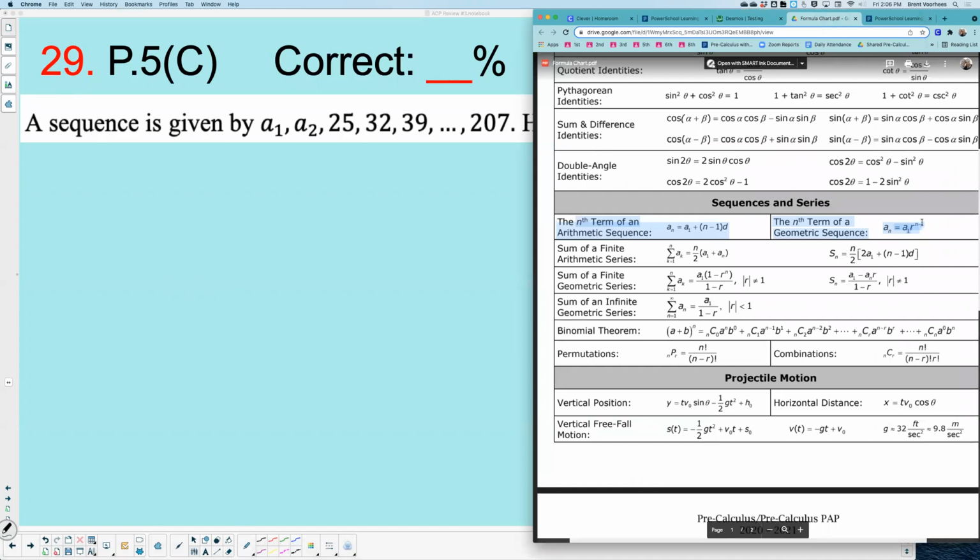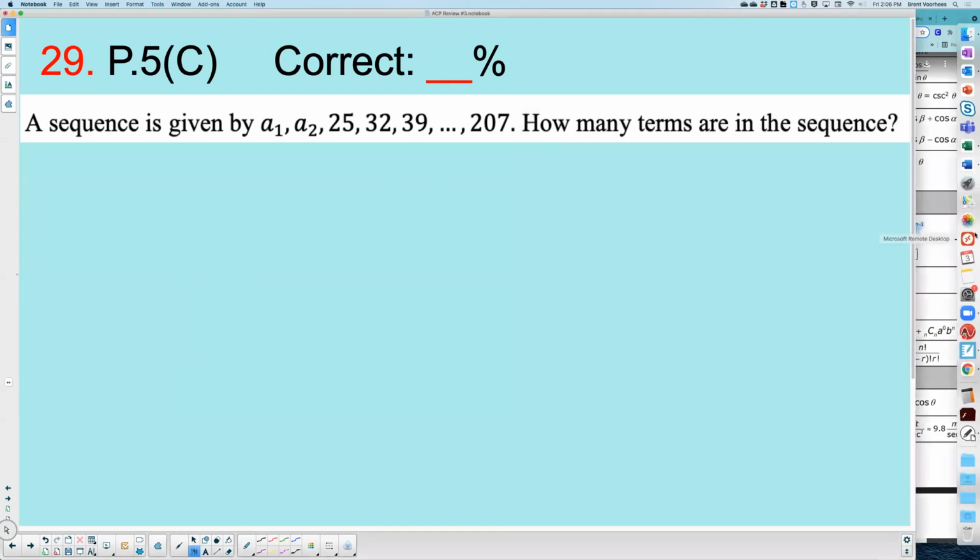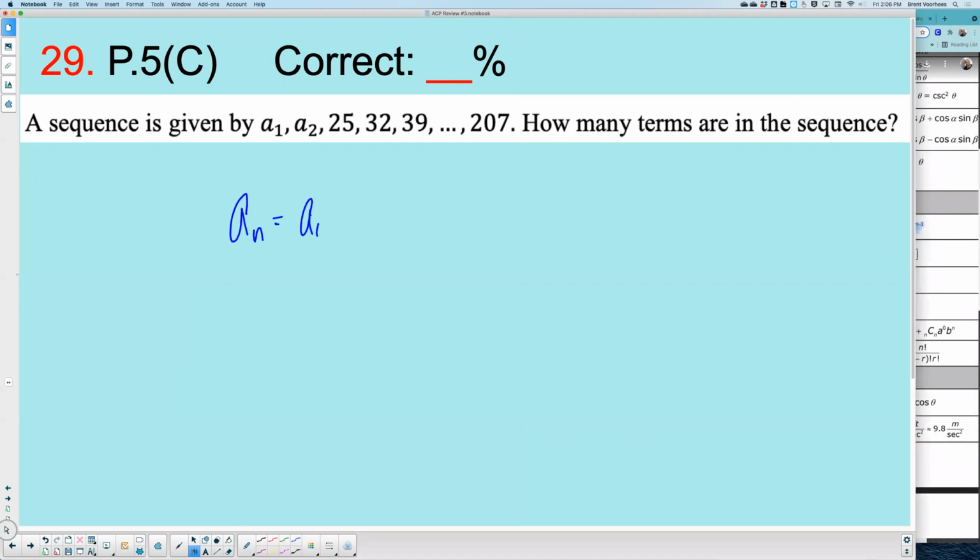It's going to be one of two formulas, either the nth term for arithmetic or the nth term for geometric, so I'm going to copy both down. The arithmetic is an equals a1 plus n minus 1 times d. The geometric is an equals a1 r to the power of n minus 1.